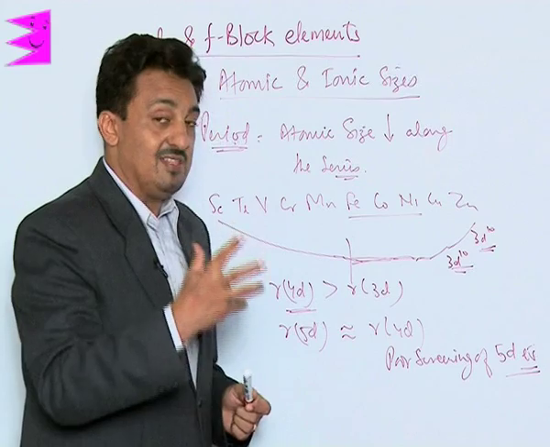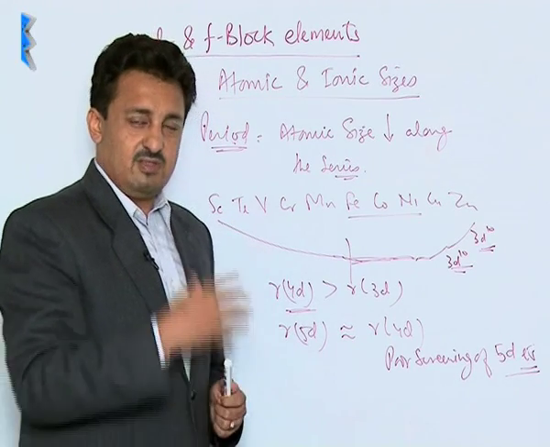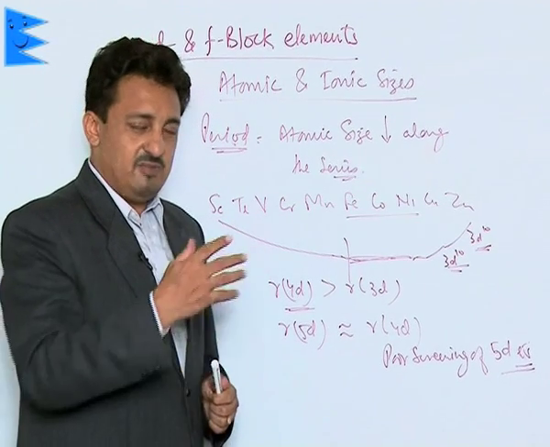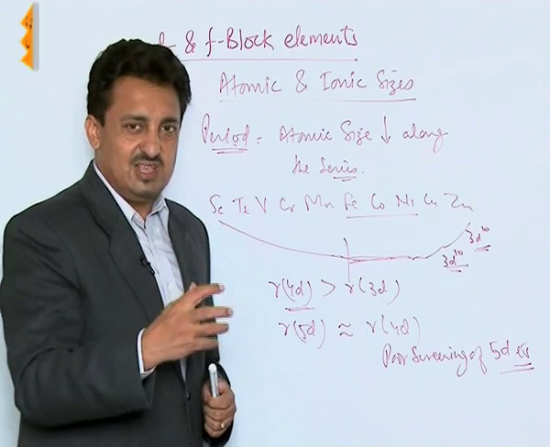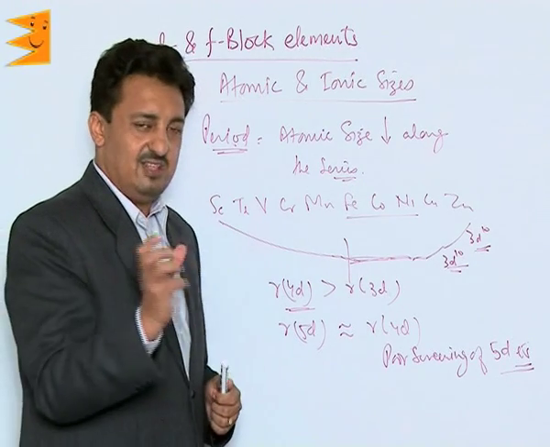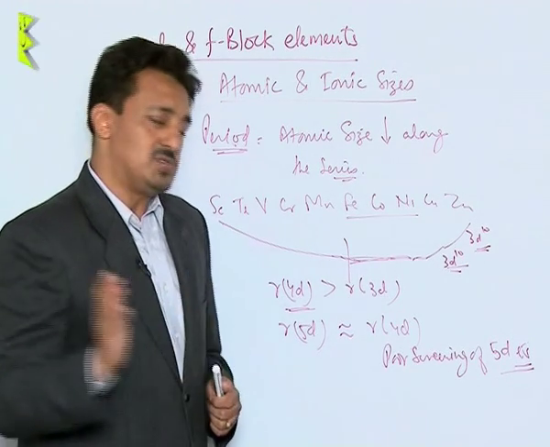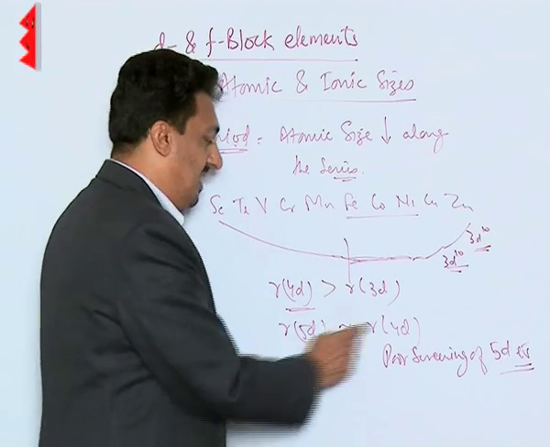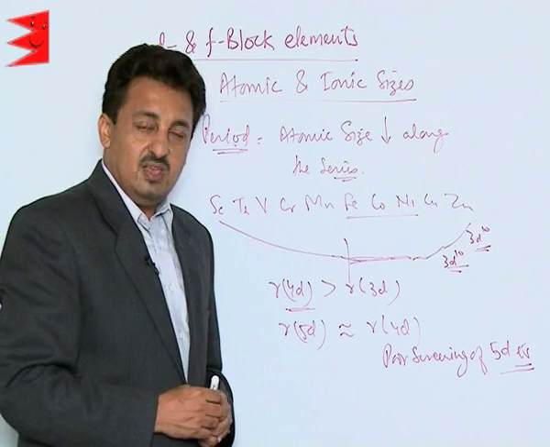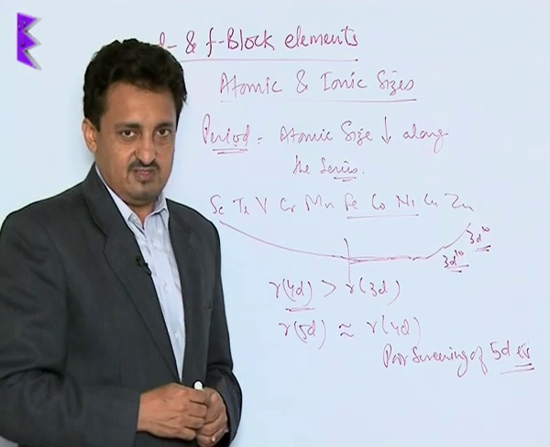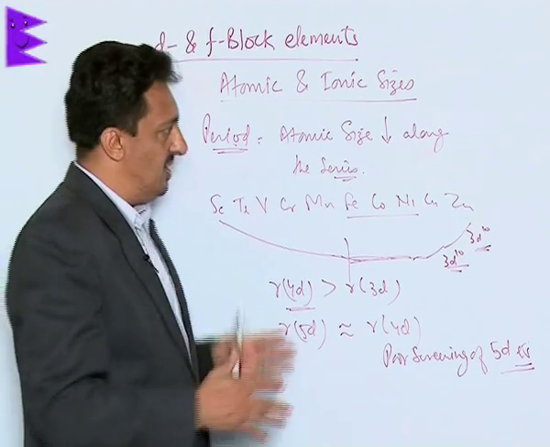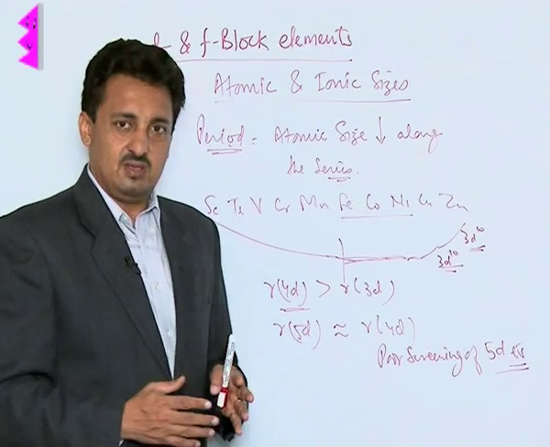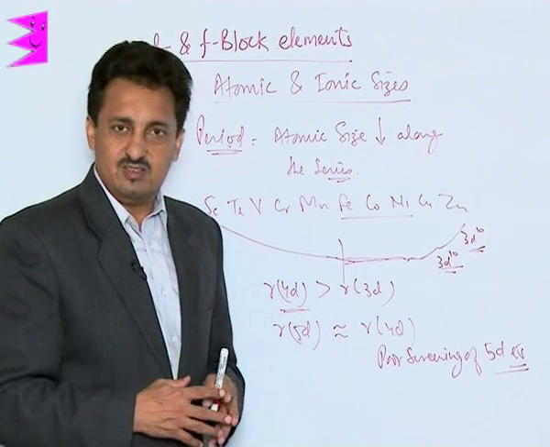Why? Because of lanthanide contraction, because of the 4f electrons. 4f electrons are very poorly screened, which gives the lanthanide contraction, due to which the 5d electrons also get very poorly screened. That's why the last two series have very similar atomic sizes. So in general, all of these 30 elements have almost similar atomic sizes.